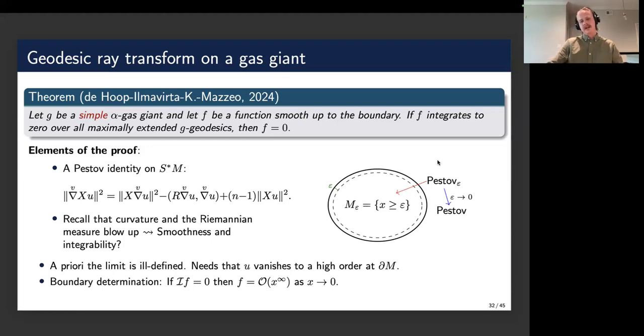So this kind of approach is also used by Graham et al. in their approach, but the details of this analysis are quite different, because there are certain properties of Gas Giants which are not just interpolations between the asymptotically hyperbolic manifolds and the standard Riemannian cases. But nonetheless, I won't go into more details this time. All right. So that's the X-ray transform.